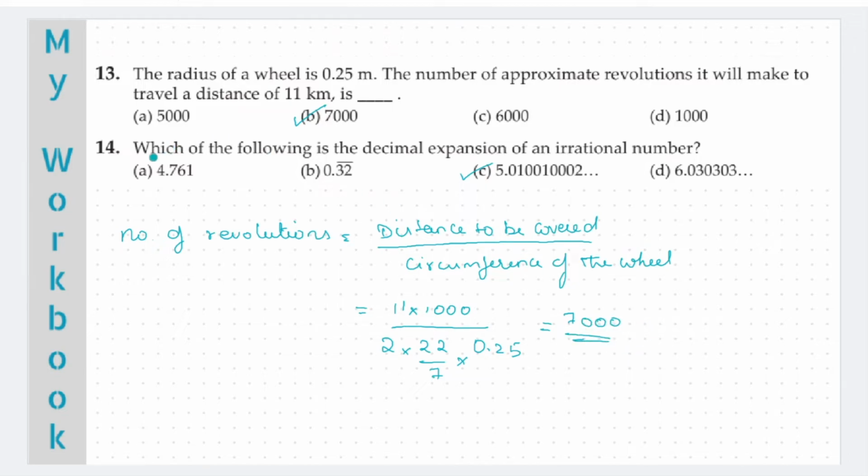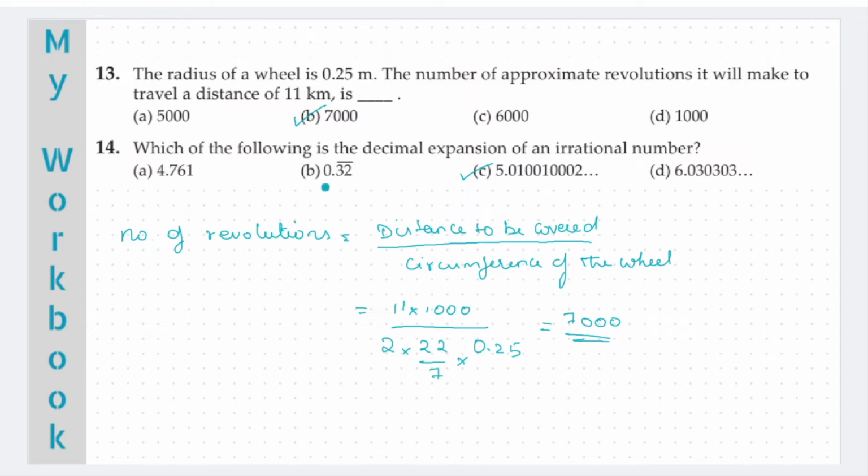Now in question number 14, which of the following is the decimal expansion of an irrational number? For an irrational number, the decimal expansion is always non-terminating and non-repeating. Here option A, it's a terminating expansion.